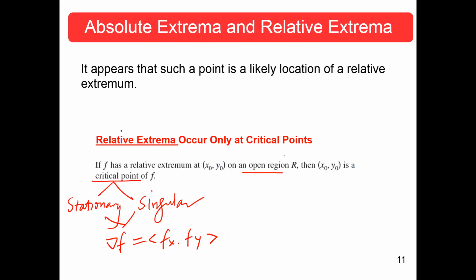That means if you are looking for relative extrema, we just need to pay attention to the gradient of function f. Any questions so far?